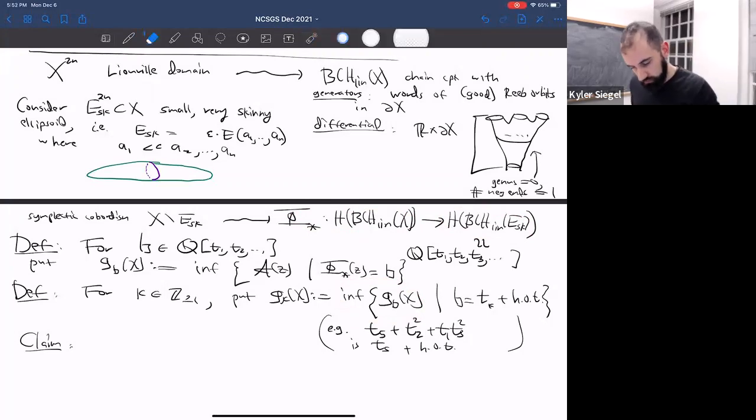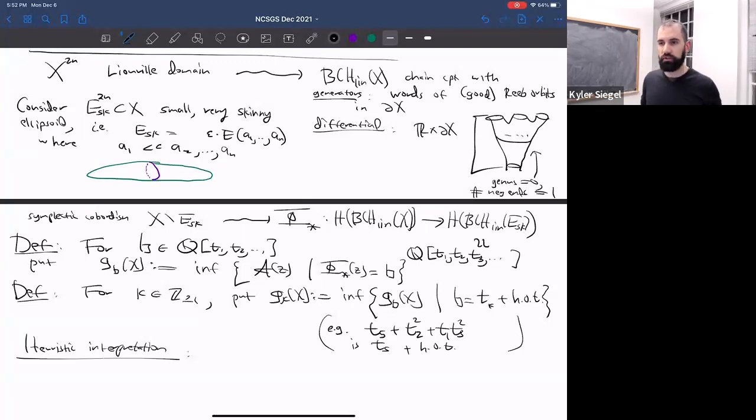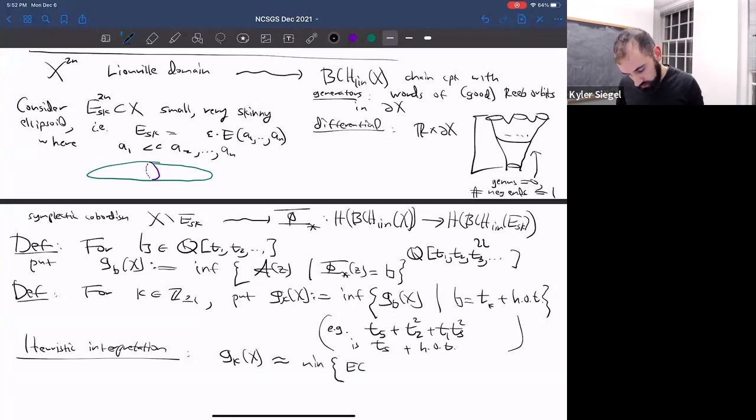Well, I claim that, or maybe not. Let me say not claim, but let me say there's at least a sort of heuristic interpretation for this GK. So this is not a mathematical fact, but just a heuristic interpretation, which is, GK sort of wants to be the minimum energy of a curve.